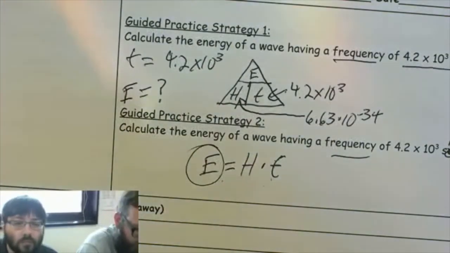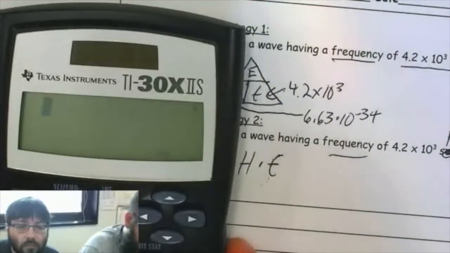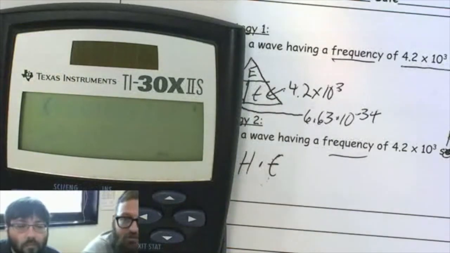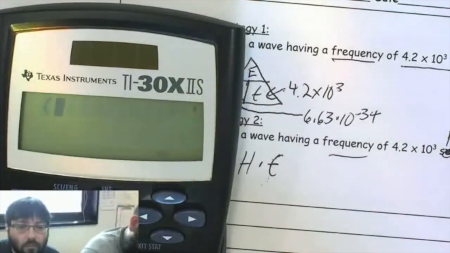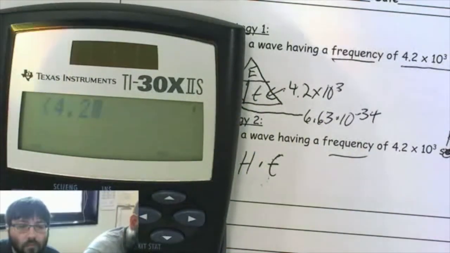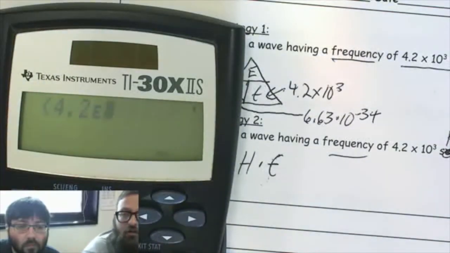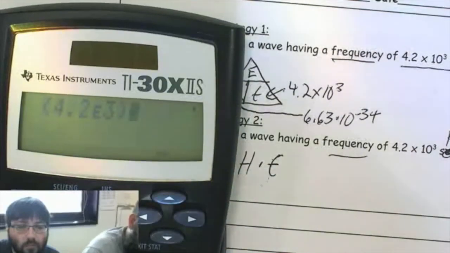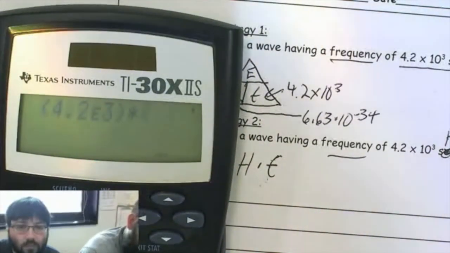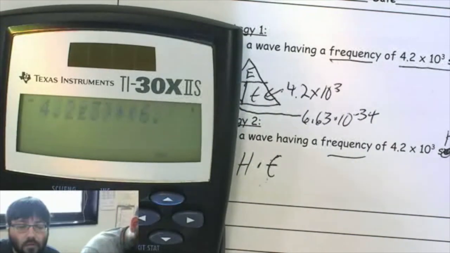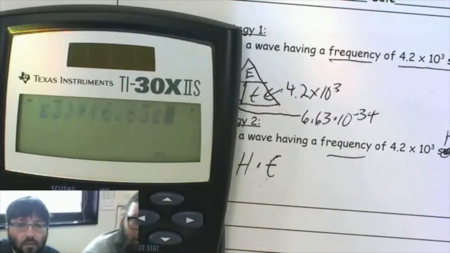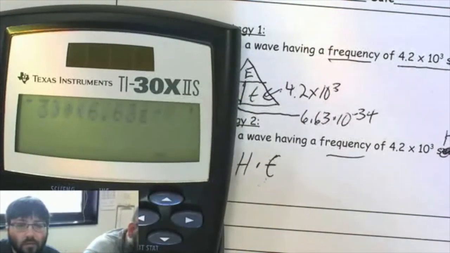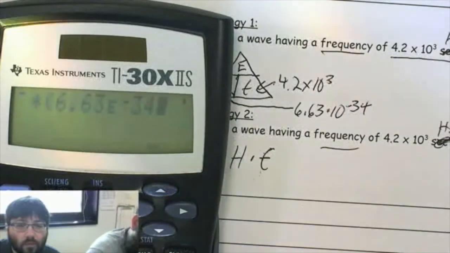We open a set of parentheses because we're dealing with exponents: 4.2, second EE, which is my times 10 to the third power. Close my parentheses, times, open a set of parentheses, 6.63, second EE, to the power of -34. Make sure you never hit that minus button for the -34, because the calculator doesn't like that.